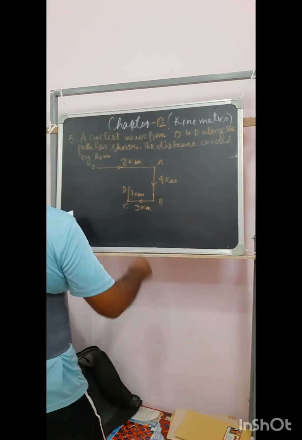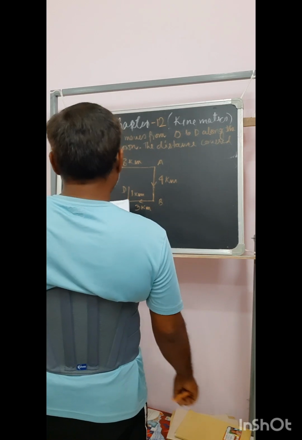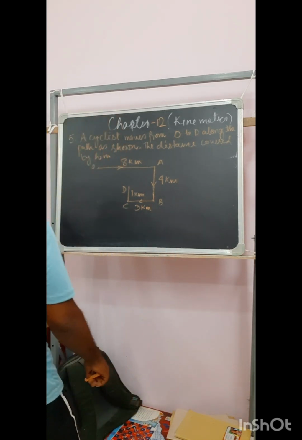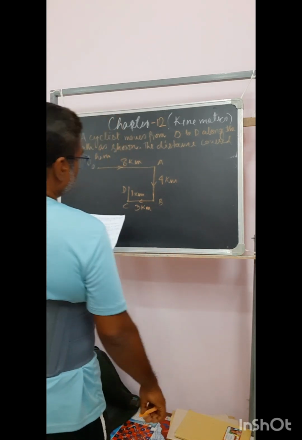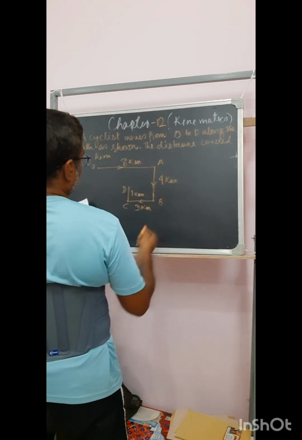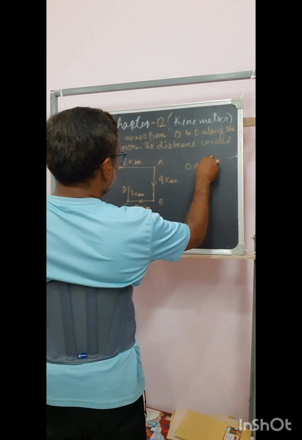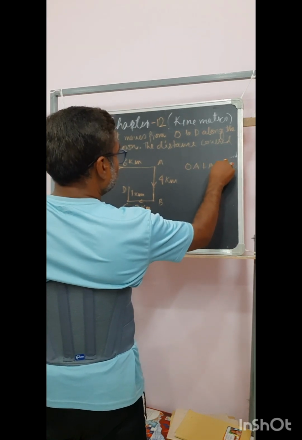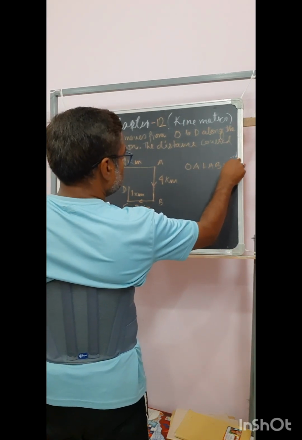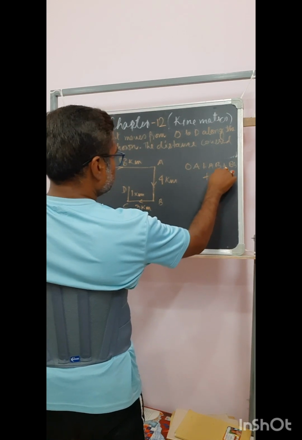So now we have to find the distance covered by him. As it is distance, it is not associated with displacement, it is very easy to find. So the distance is OA plus AB plus BC plus CD.